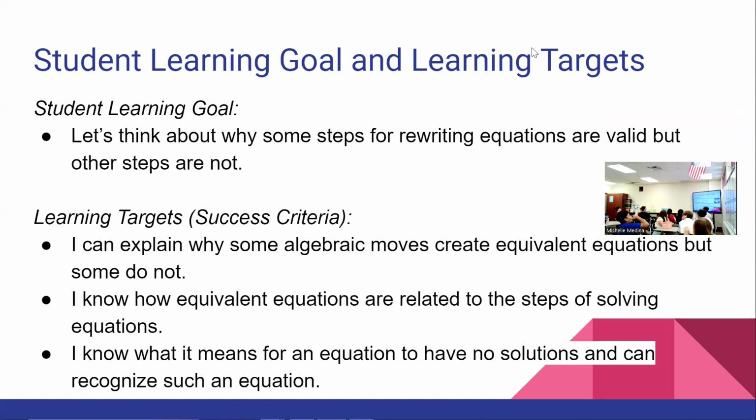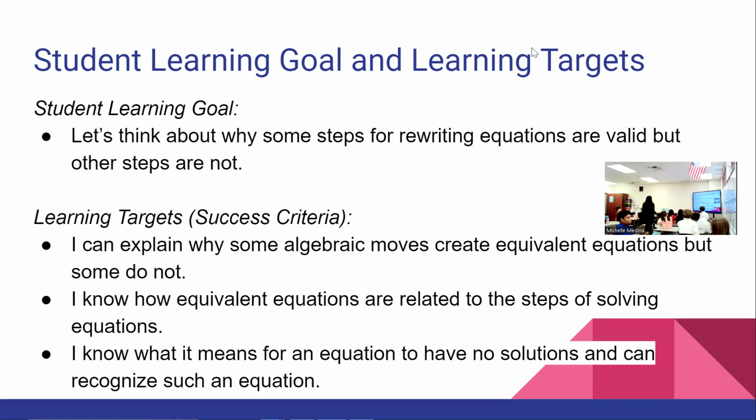When you're rewriting equations, manipulating them in some way, you're making equivalent equations. So those could really be the same lesson. Anyway, you have to be able to explain why some algebraic moves create equivalent equations and some do not.